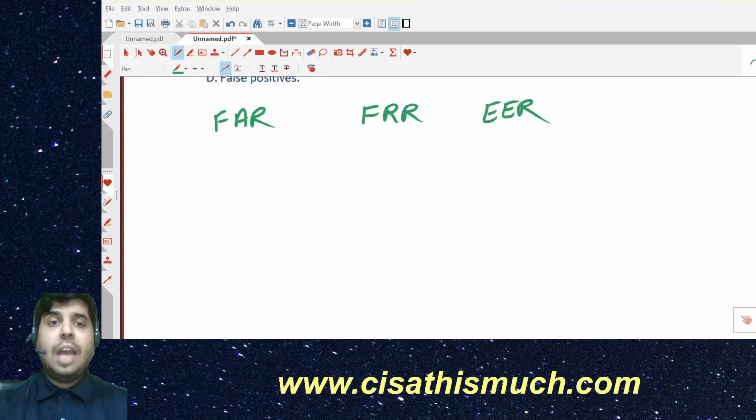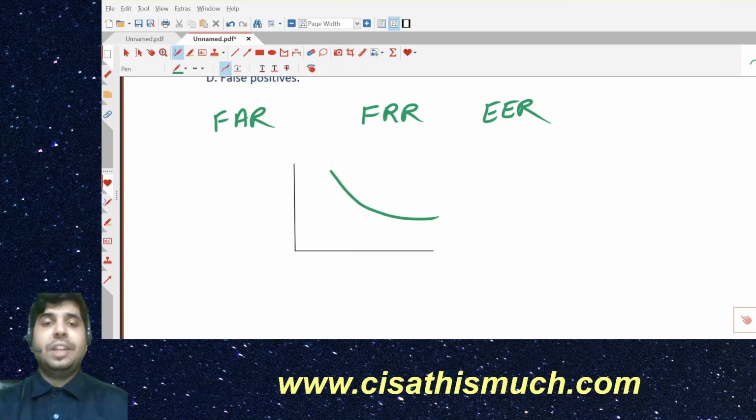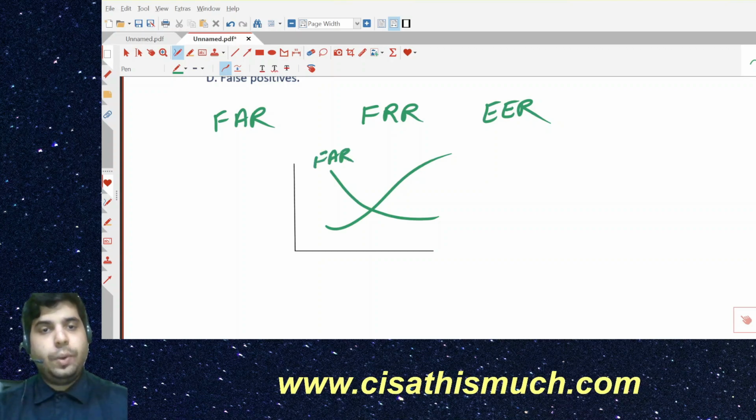We have also discussed a diagram wherein I told you that false acceptance rate and false rejection rate share an inverse relationship. So if this is the false acceptance rate, this one is the false rejection rate, and somewhere in between we have the equal error rate.